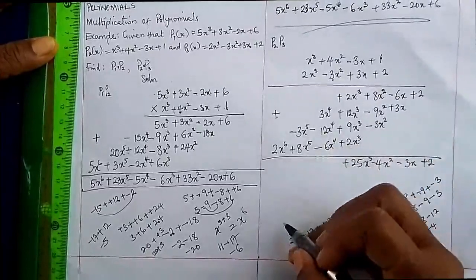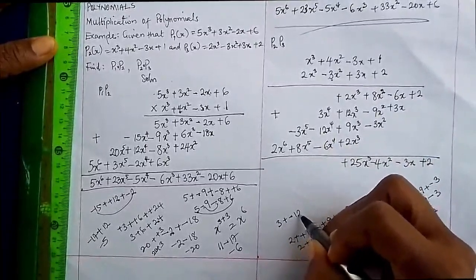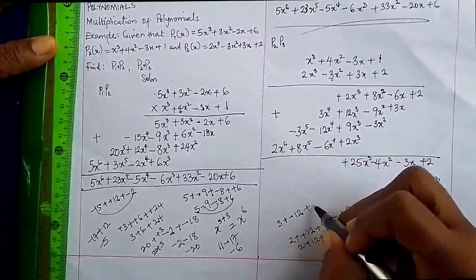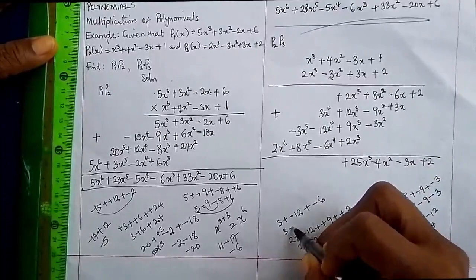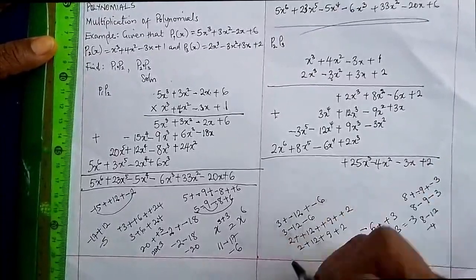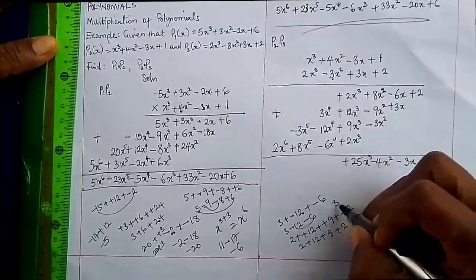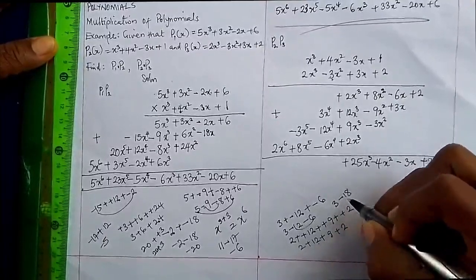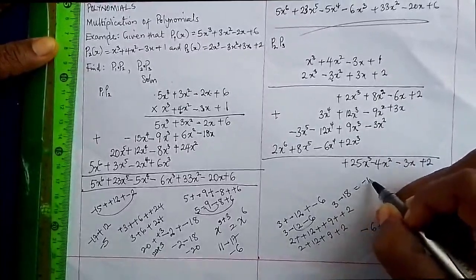The next one is 3 plus minus 12 plus minus 6. So what we have here is 3 minus 12 minus 6. So the minus there is going to be 3 minus 18, so our answer becomes minus 15.